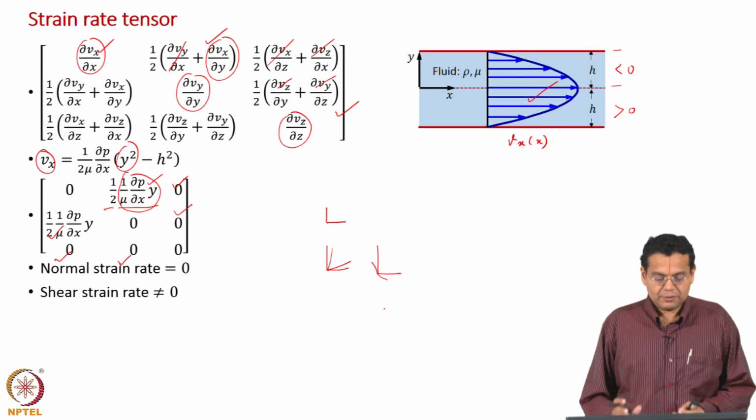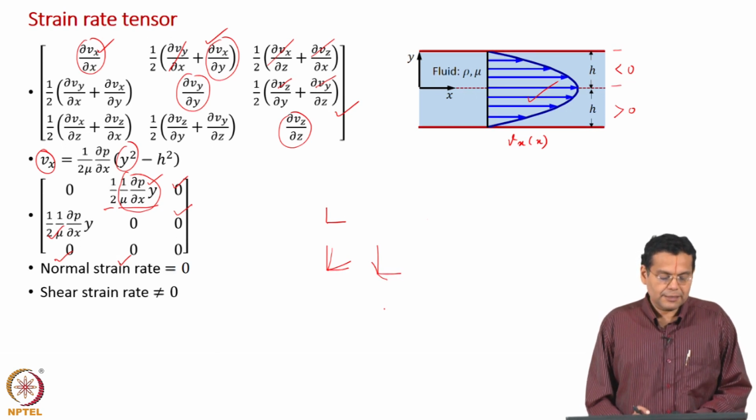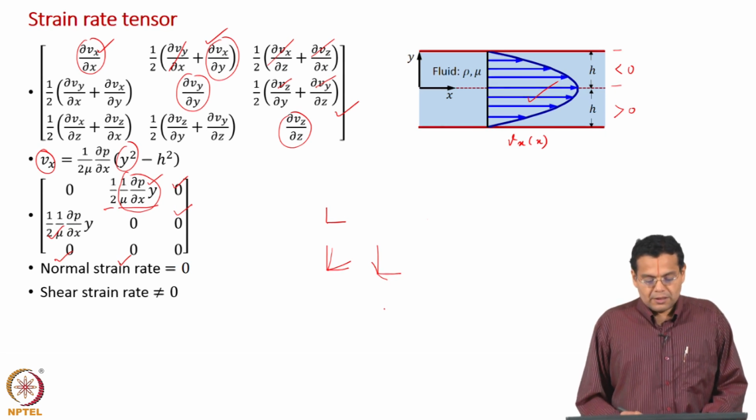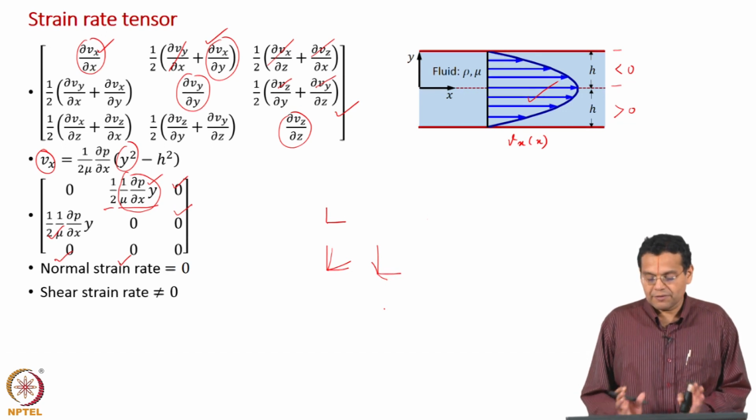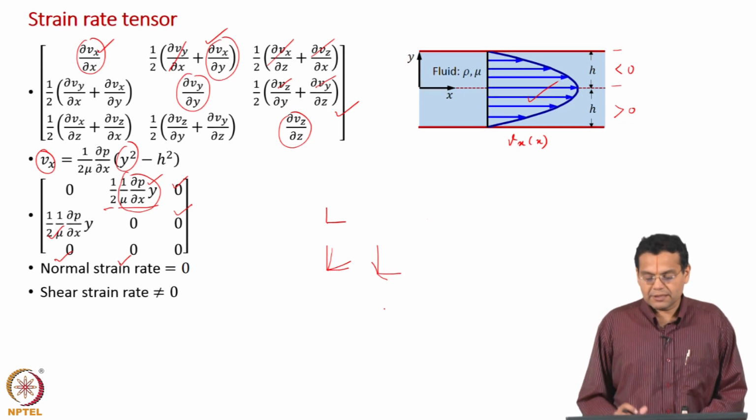So, that is how we interpret the components of the strain rate tensor. Whether they approach each other or go away from each other depends on whether we consider the two perpendicular line elements above the axis or below the axis.